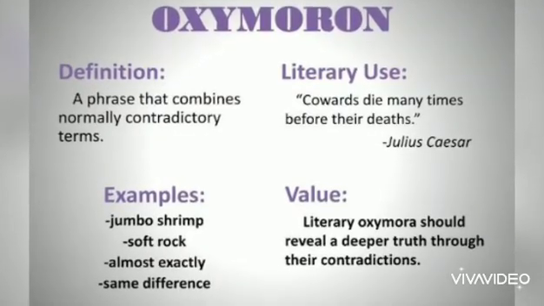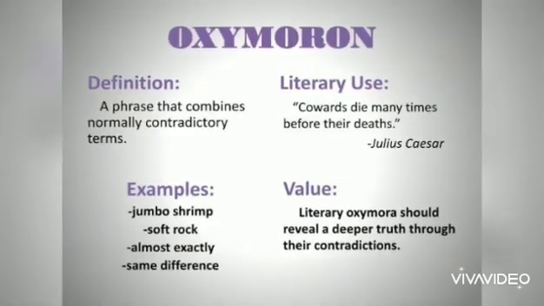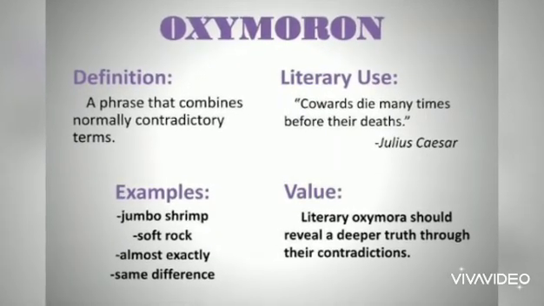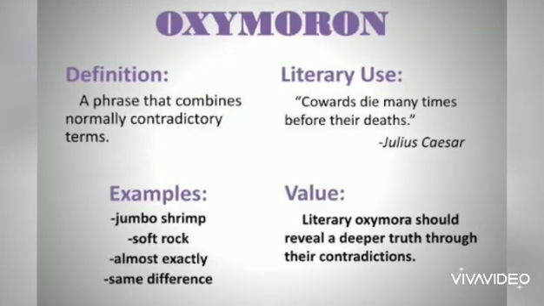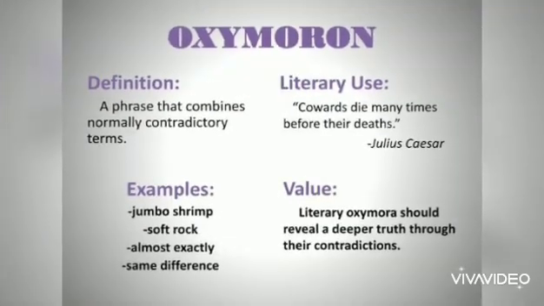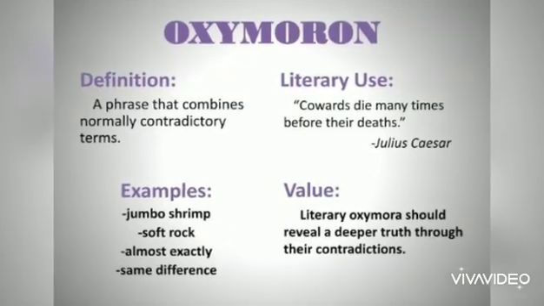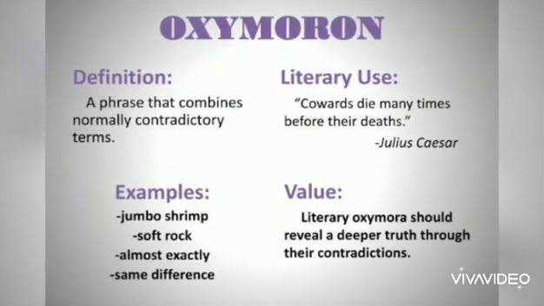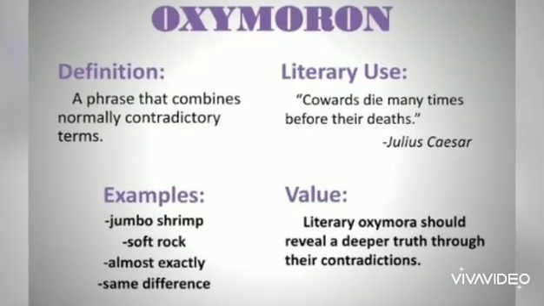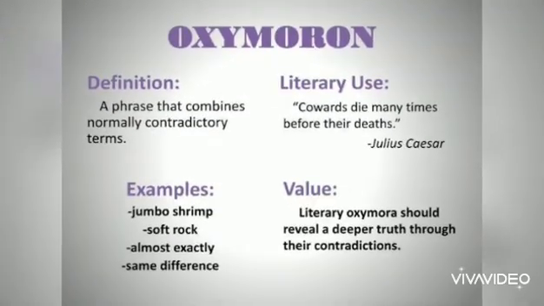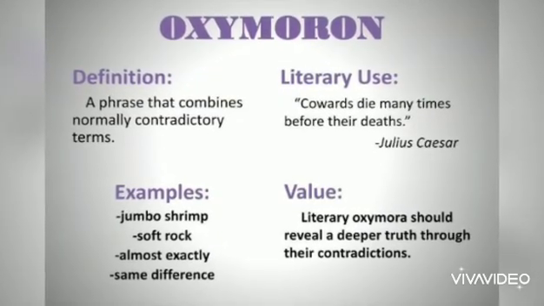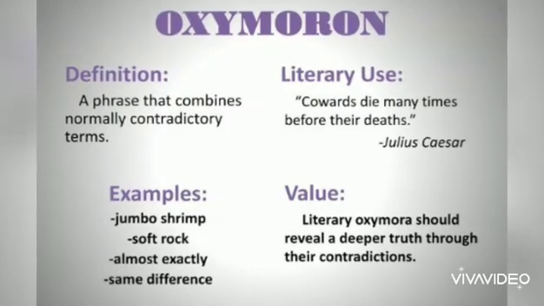So this example doesn't mean that he is a rock. No, it has to do with the fact that maybe the man is a very rude person, or his behavior is hard. Resuming, the literary oxymoron should reveal a deeper truth through its contradictions.